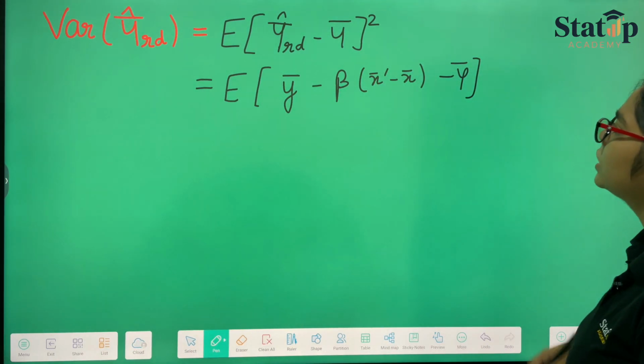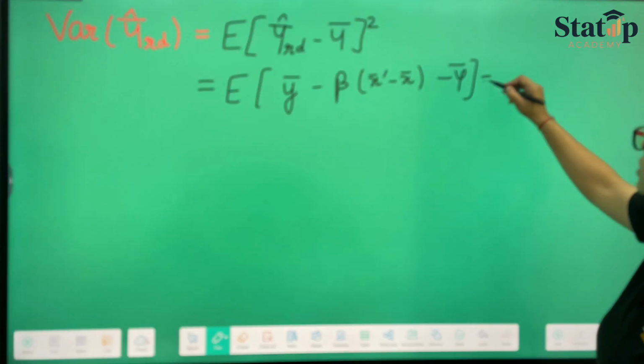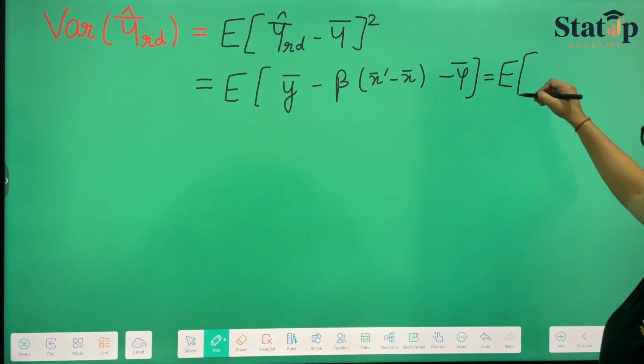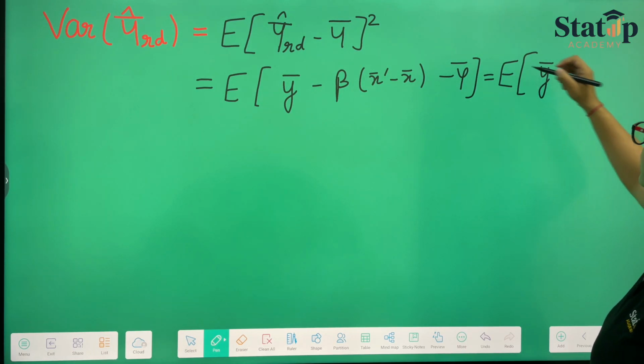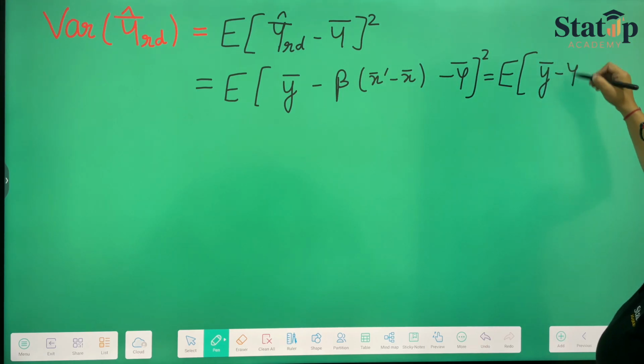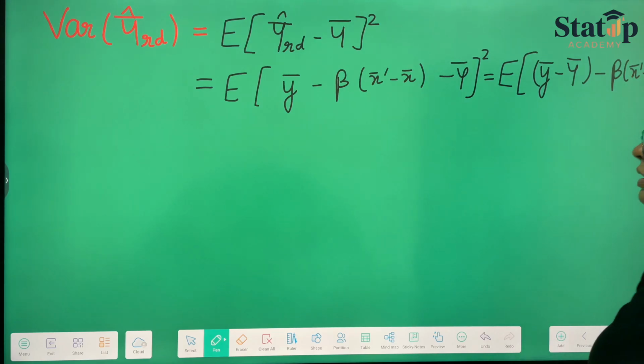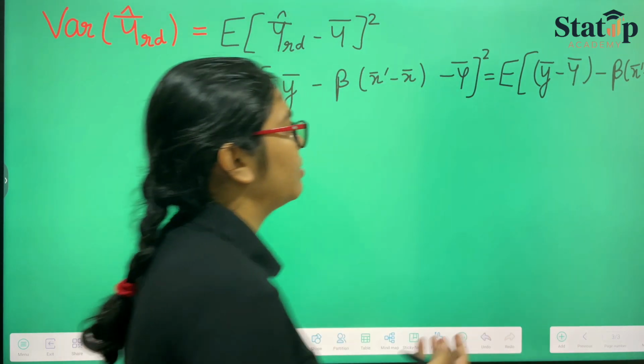If I shift some of the values, this can be written as y bar minus capital Y bar minus beta into x bar prime minus x bar, whole square. This is of the form a minus b whole square.